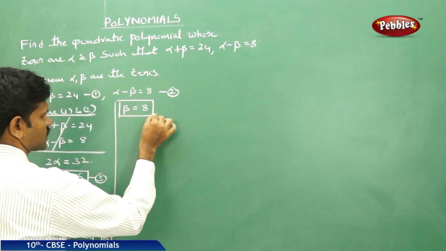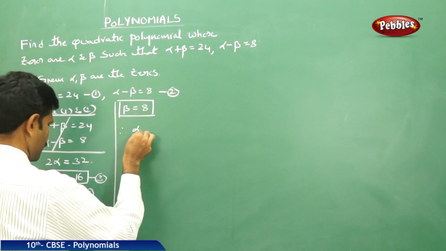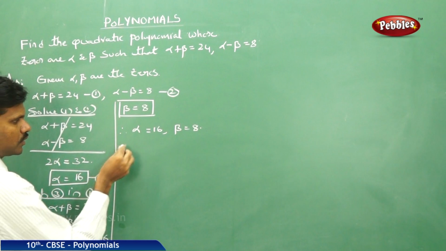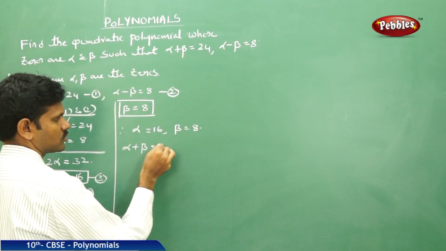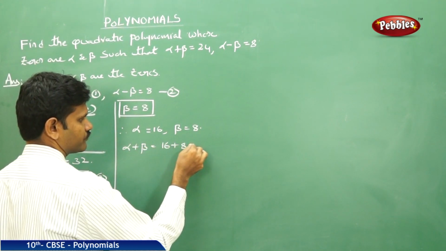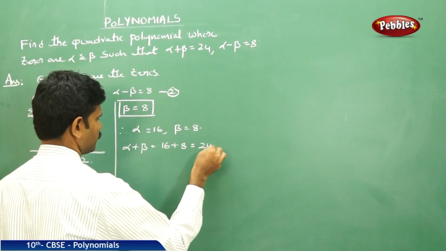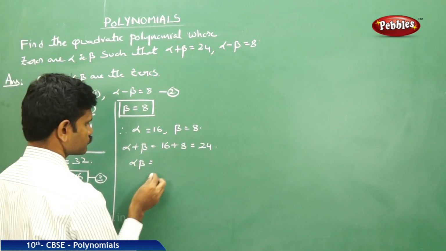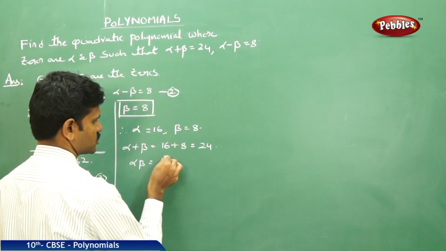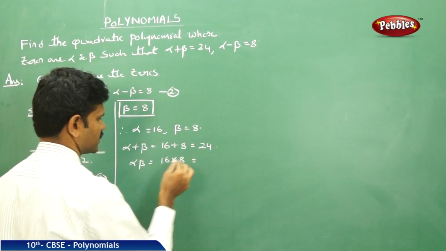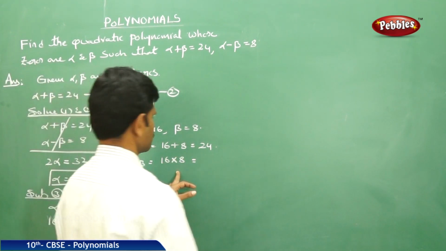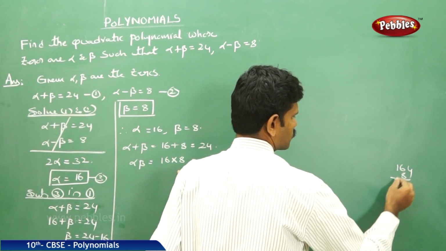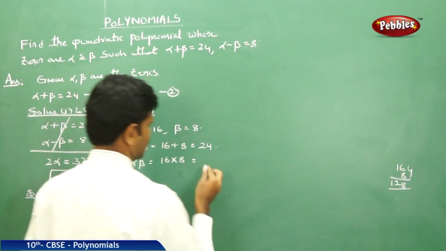Now I am ready with the values of alpha and beta. Therefore alpha is equal to 16, beta is equal to 8. Now alpha plus beta is equal to 16 plus 8, that is equal to 24. Alpha beta is equal to alpha into beta, 16 into 8, that is 128.